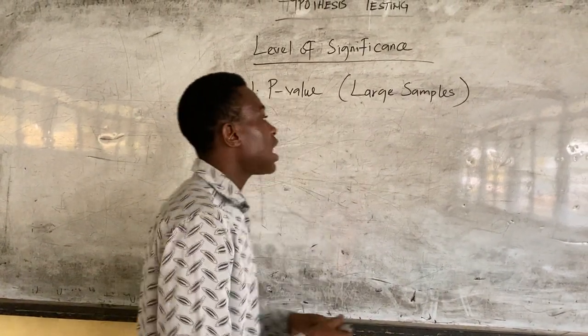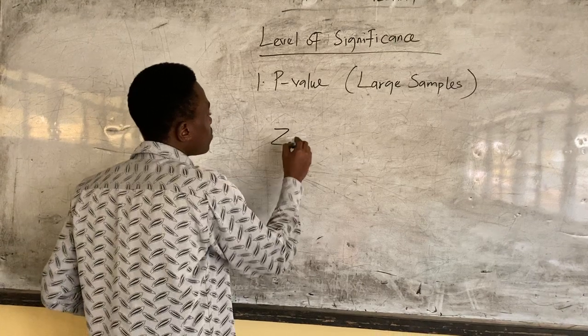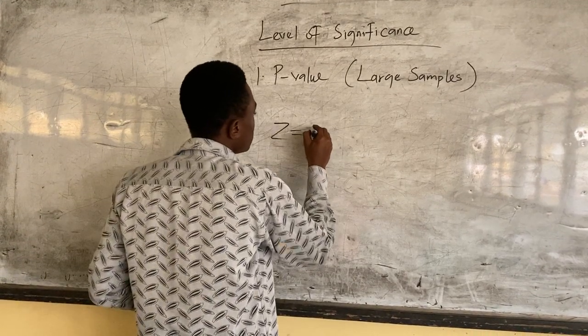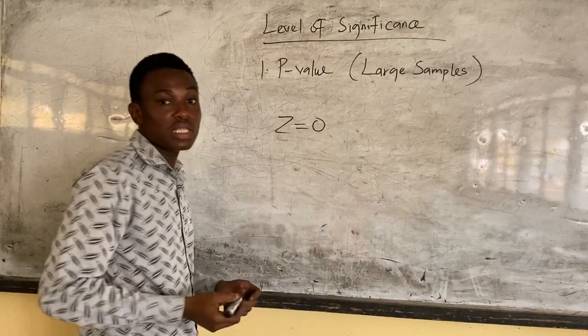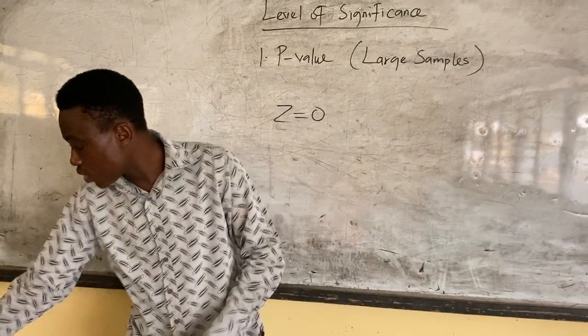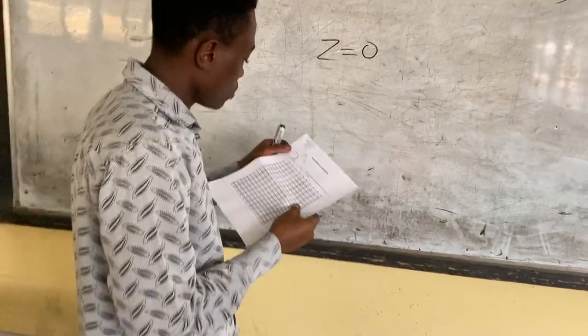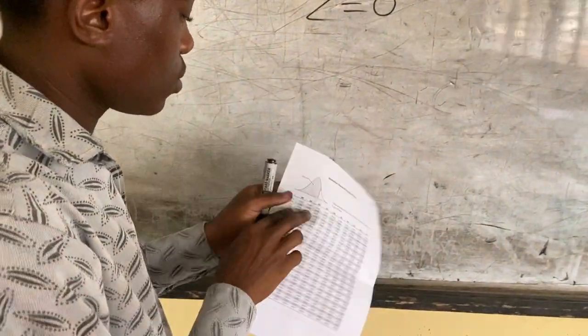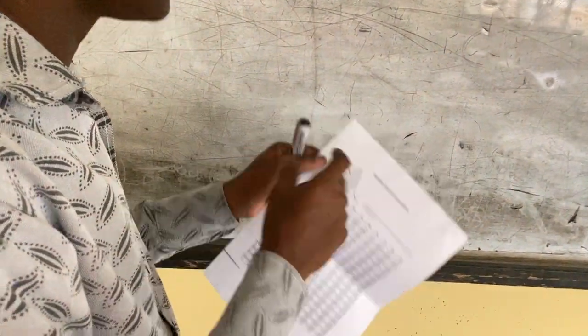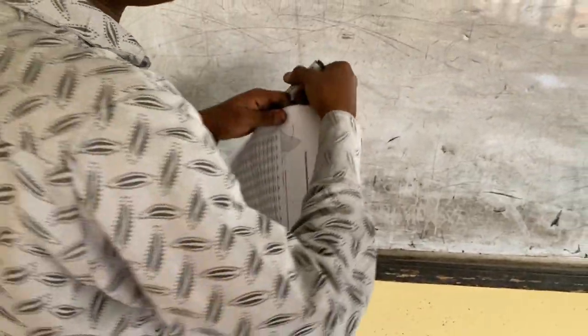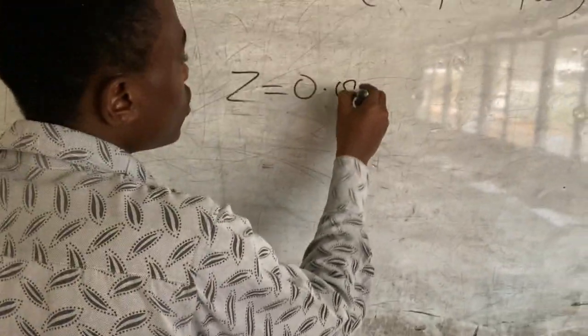So let's say if your z is 0, if you look for 0 on the table, 0 here is the same as 0.00.